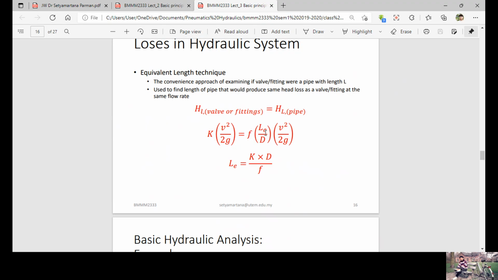The length here is given the subscript E, so it becomes the equivalent length. Then this equation can be simply written to find the equivalent length. So the equivalent length becomes K multiplied by D over F. This is called the equivalent length technique.